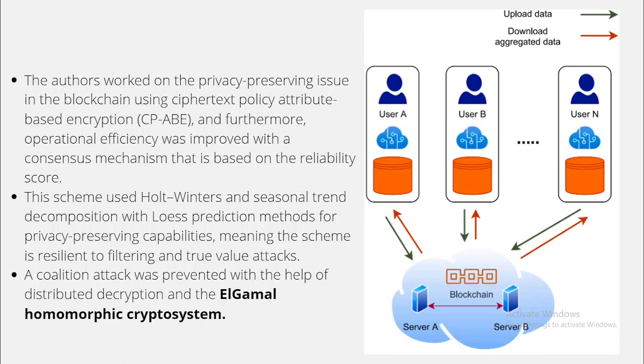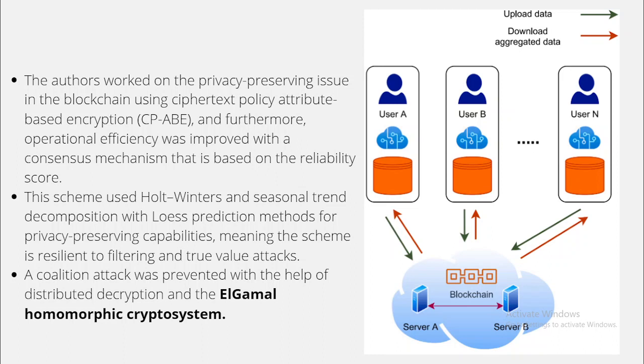The scheme used is Holt-Winters, seasonal trend decomposition with the user's prediction method for privacy preserving capabilities, meaning the scheme is resilient to filter and true value attacks. A coalition attack was prevented with the help of distributed decryption and the ElGamal homomorphic crypto system.